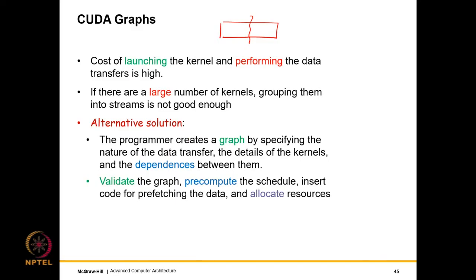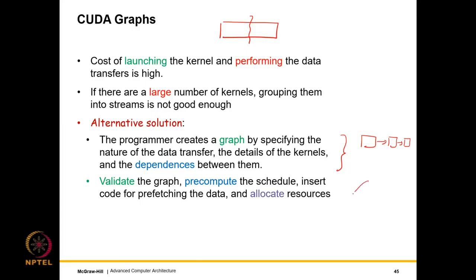So this is typically used to specify the nature of the data transfer, the details of all the kernels and the dependencies between them. So we basically specify everything the same way we did in a stream. But of course, a stream is like a linked list and a graph is more like a DAG, a directed acyclic graph.